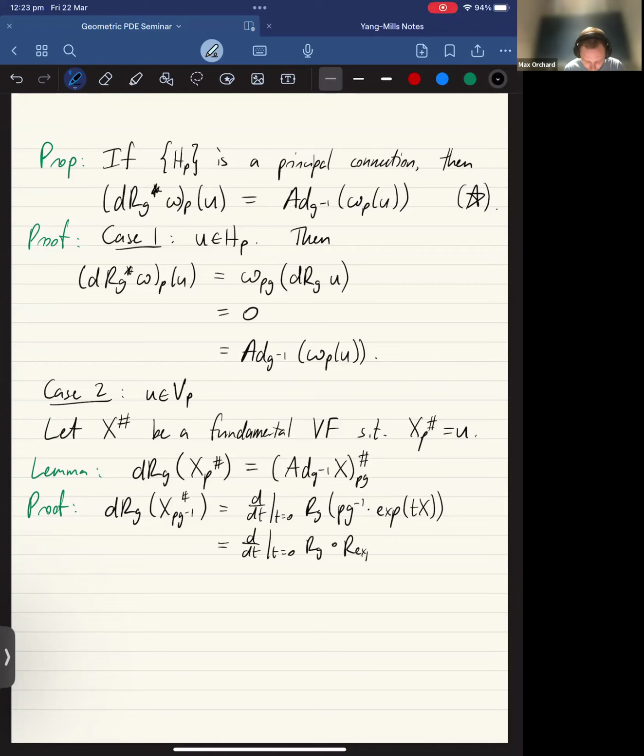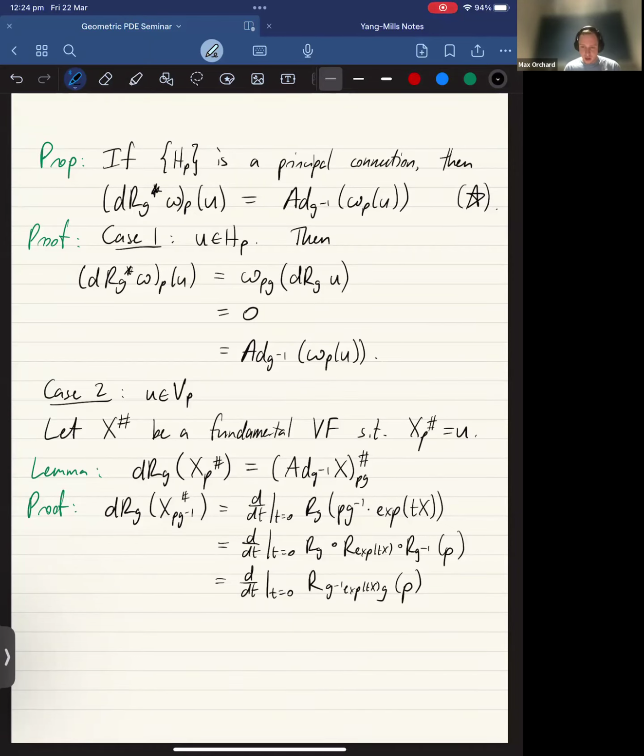This is, by definition, equal to this. And I'm now going to combine all of these right multiplication maps into one. Oops, write that a bit neater. G inverse is going to be equal to this.